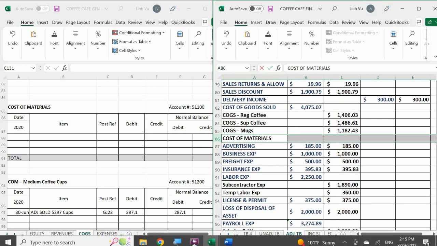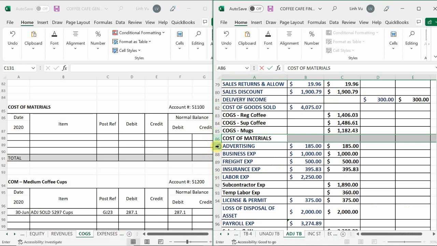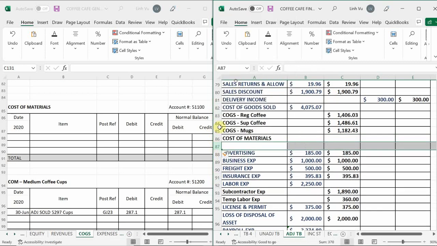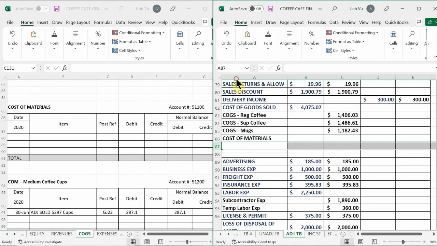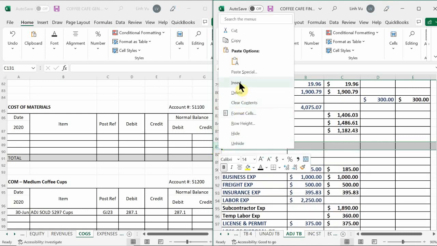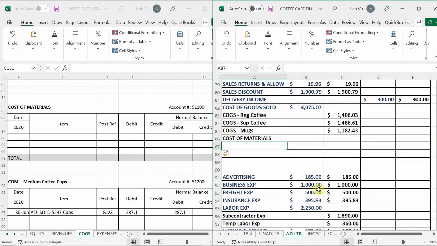Okay, so therefore, I know that there were 4 things that I adjusted, right? My medium coffee cups, my large coffee cups, my sugar, and my creamer. Okay, so again, this should be a blue account.